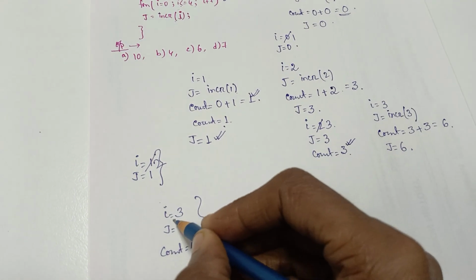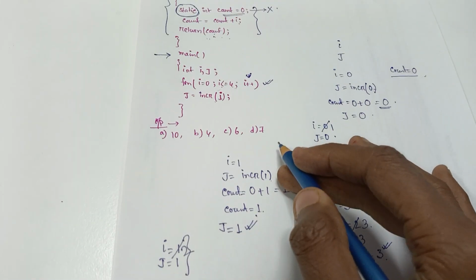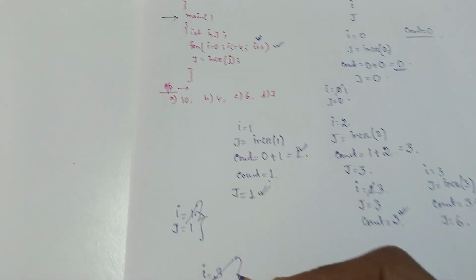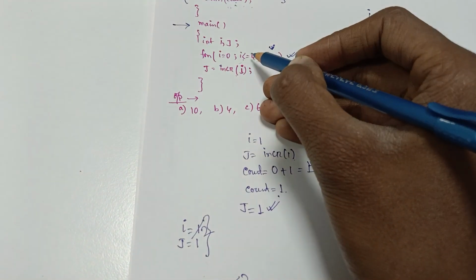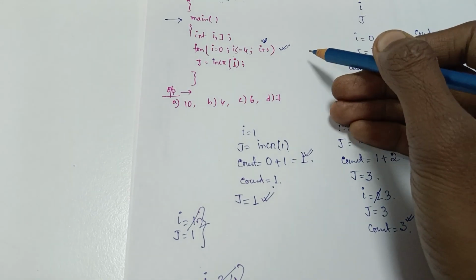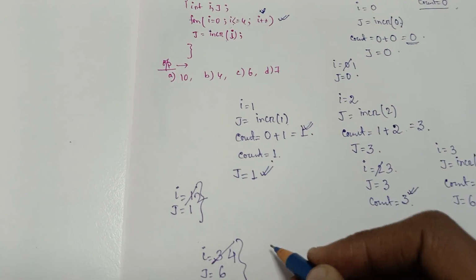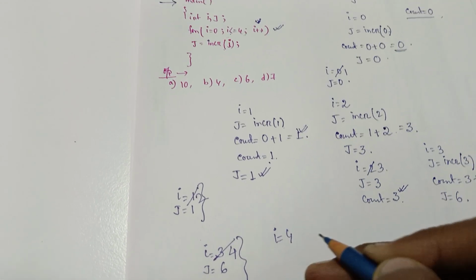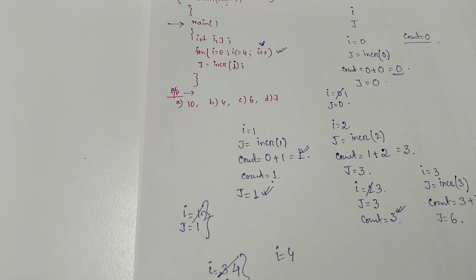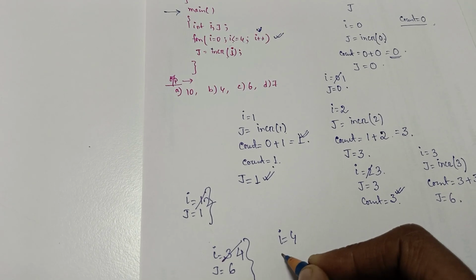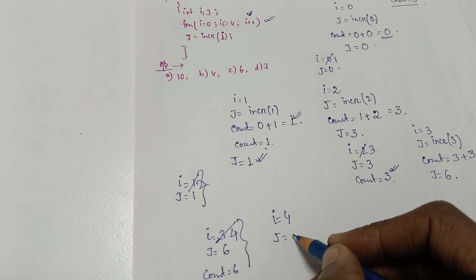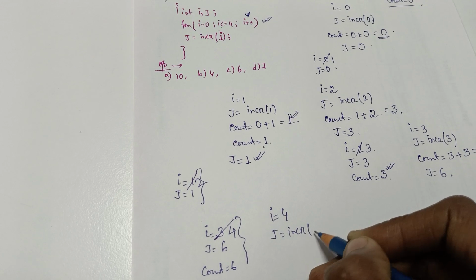Now i is increased by 1 with i plus plus, so i becomes 4. Since 4 is less than or equal to 4, the condition is not false, so the loop is executed once more. Now j is incr of 4.